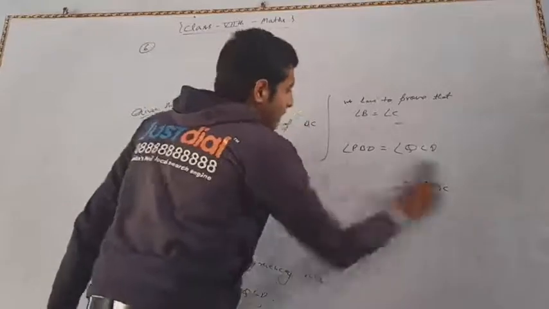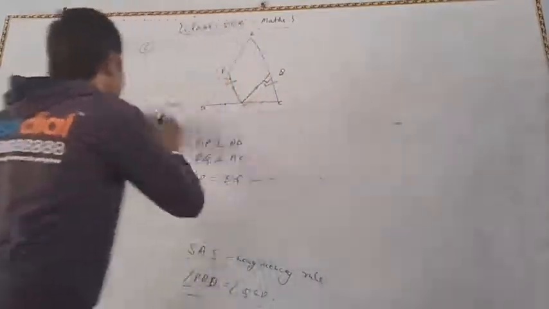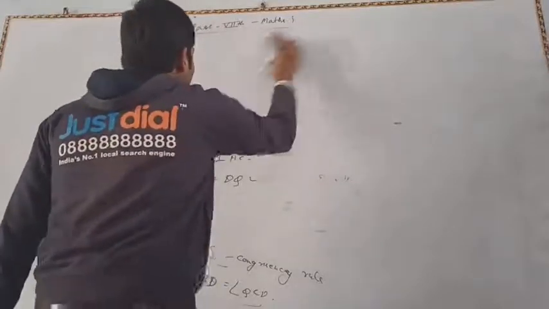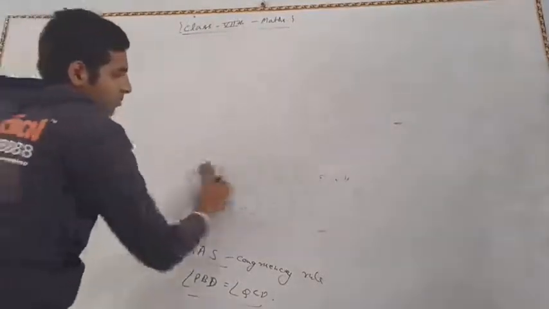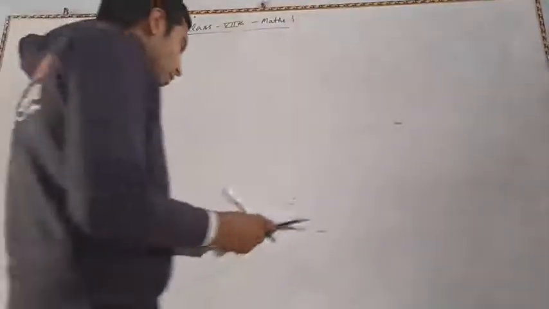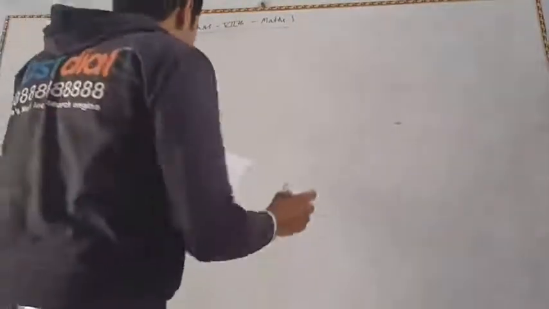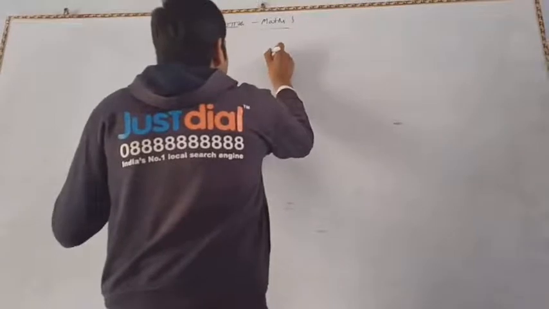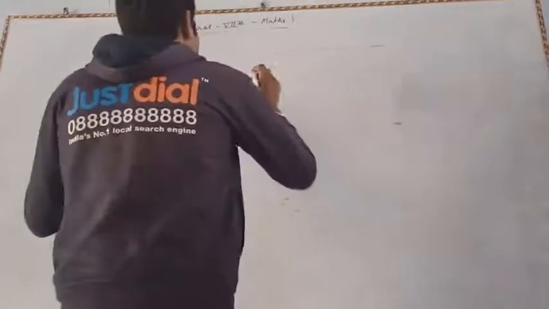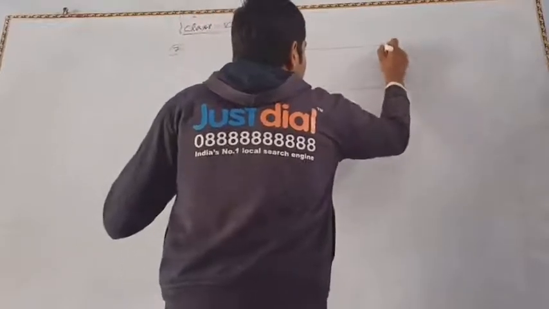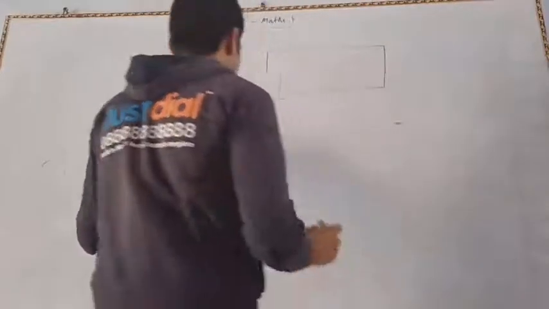Now again, problem number 7. In problem number 7, you are given this type of figure, a rectangle.